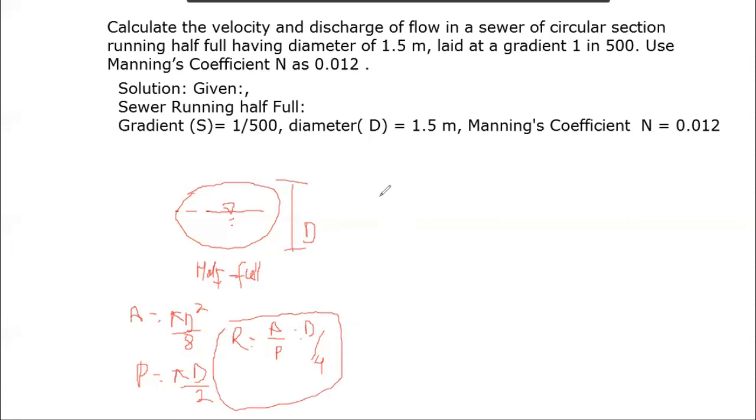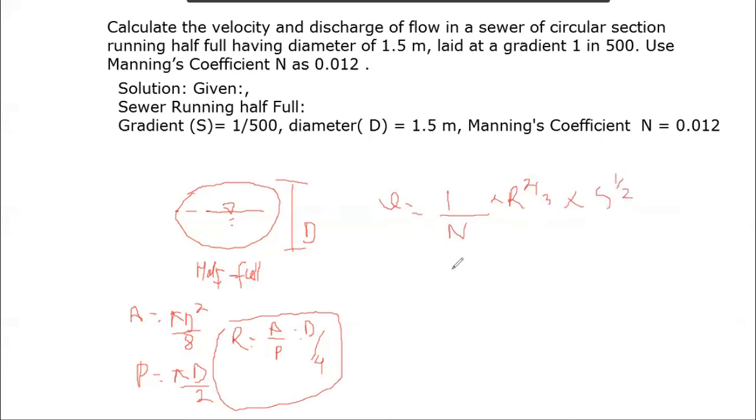Now we shall use Manning's formula for the determination of velocity and discharge. So from Manning's formula we can easily write V equals 1 by n, where n is Manning coefficient, into R to the power 2 by 3, into gradient to the power 1 by 2.